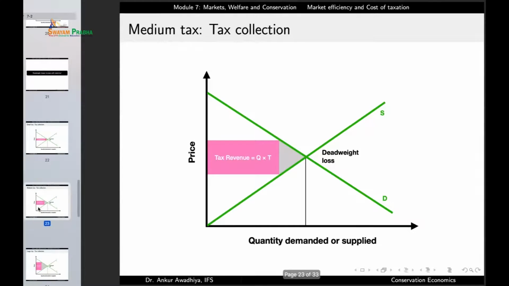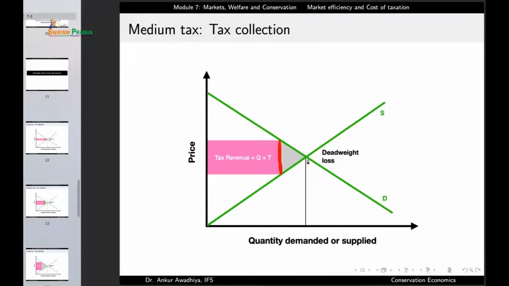Now, if the government increases the value of T, that is, the government is increasing the tax size, so now we have this much of T. This is now the size of T. Now what happens? When T is increased, Q decreases because with more and more taxation, it becomes less and less lucrative for the buyers and the sellers to undergo the transaction.